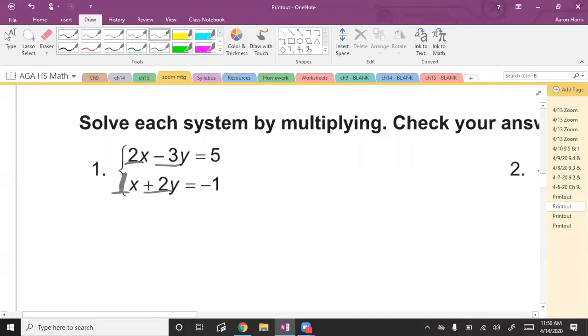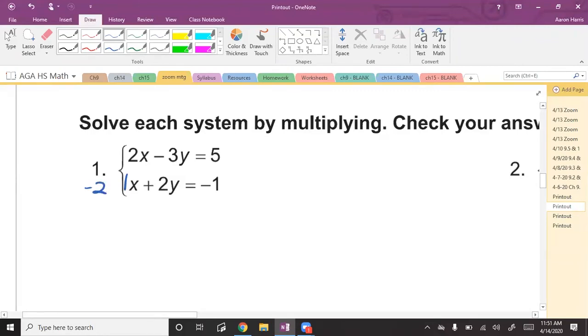The 1. I want it to be an additive inverse of what number? 2. Of the 2. Okay. So now, what should I multiply 1 by to be a negative 2? Negative 2. There you go.